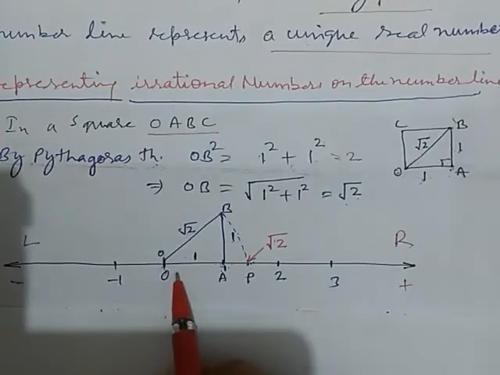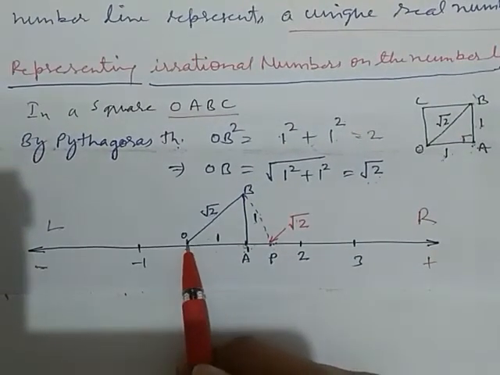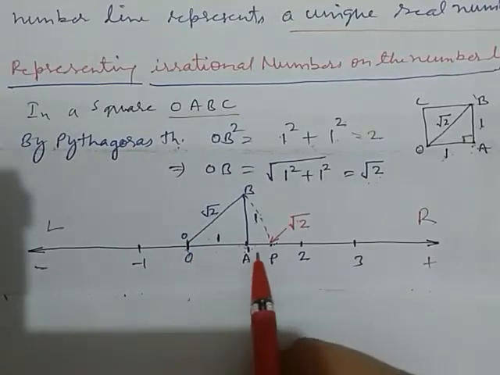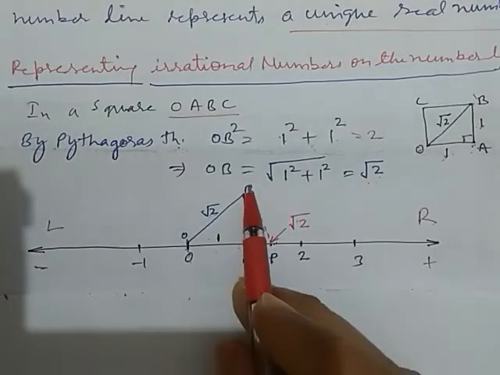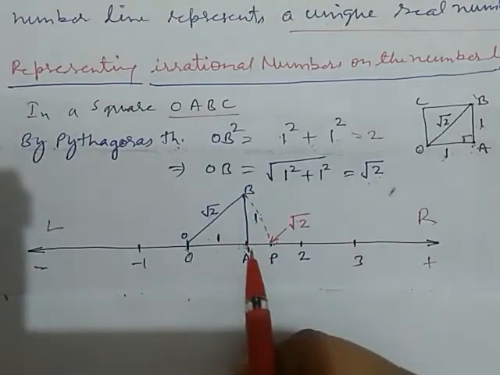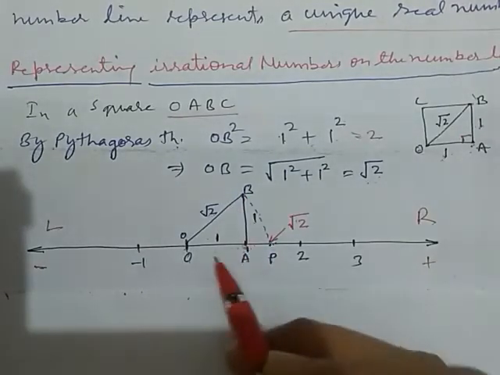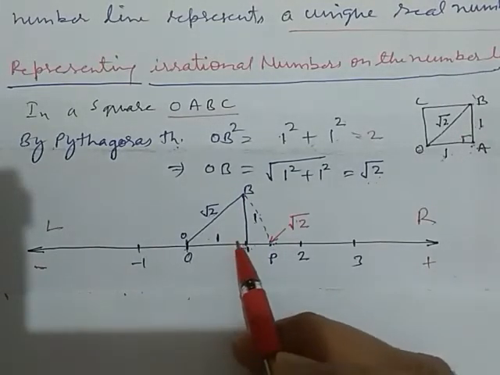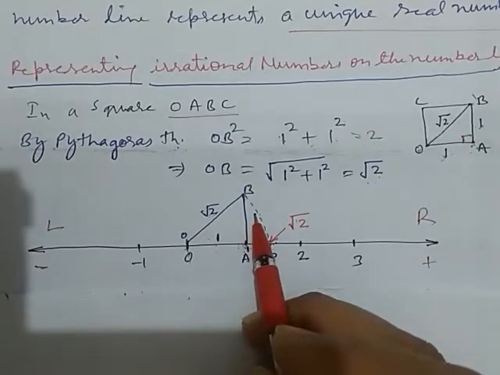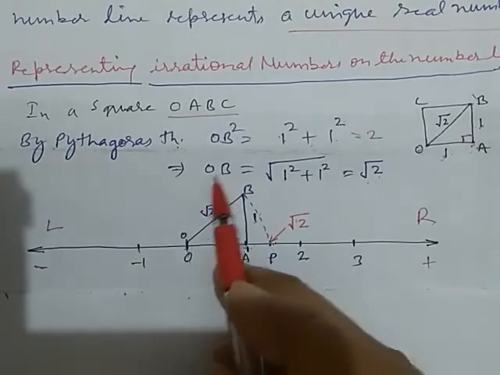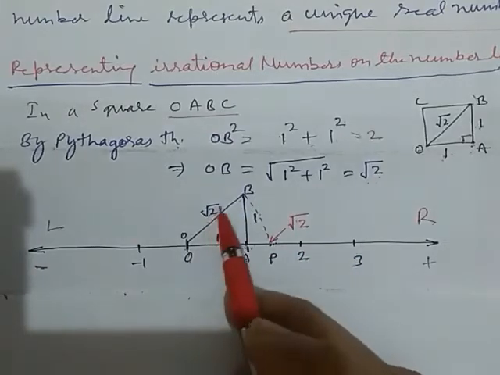Now here is our number line, and we take the 0 of the number line as O, and A as 1 unit. Now we take AB as 1 unit, perpendicular to this, so this triangle becomes a right triangle. So 1 square plus 1 square equals OB square. When we take the square root, we get OB equal to root 2.